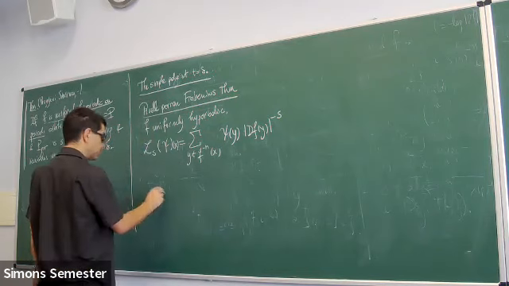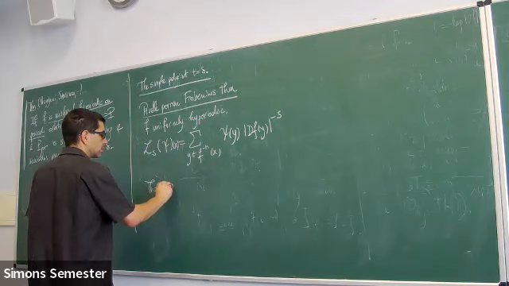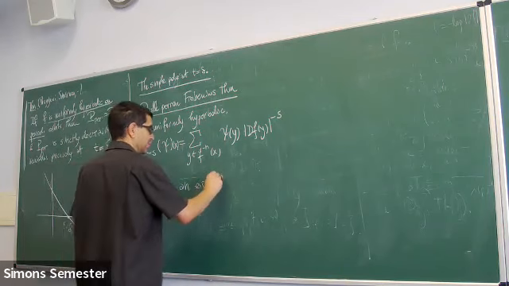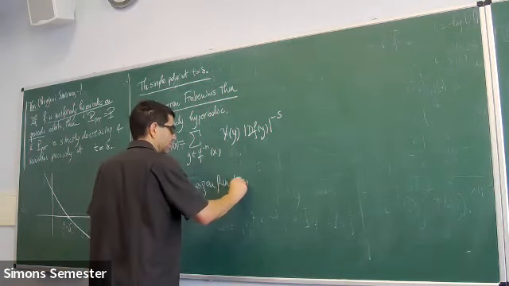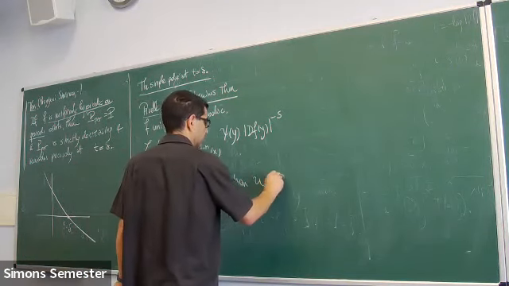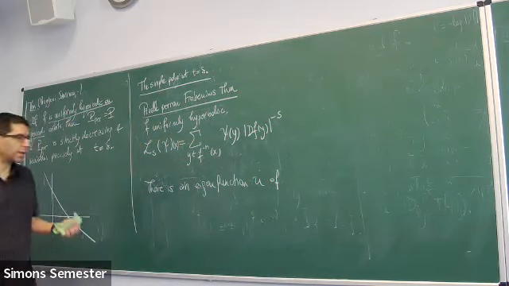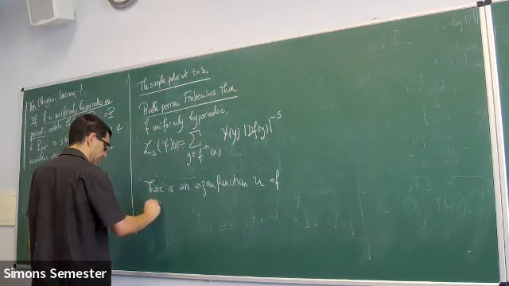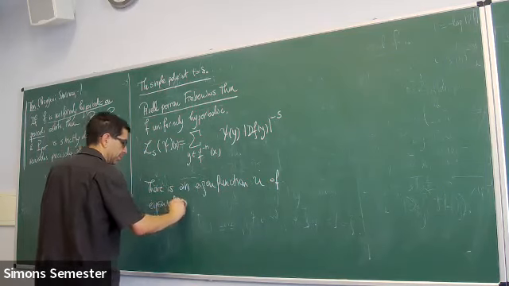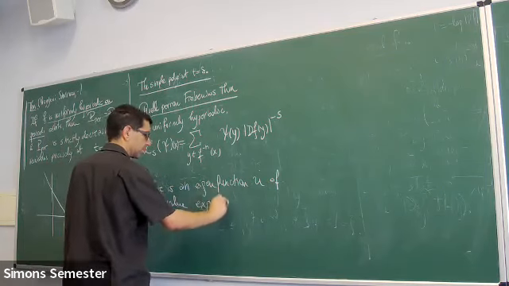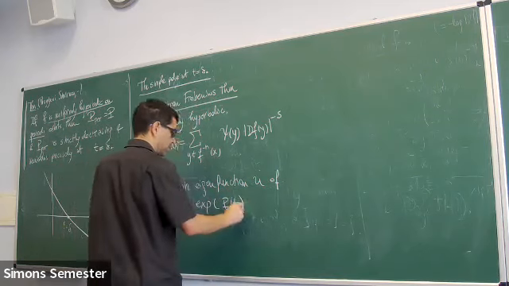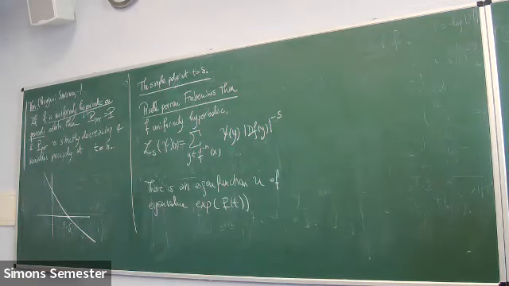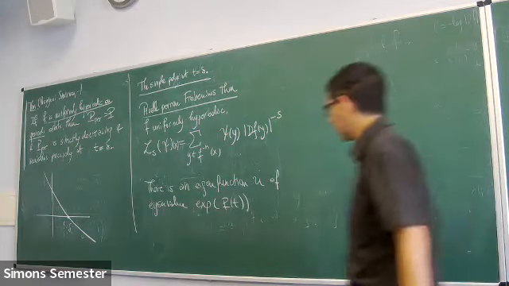Perhaps write it this way. First there is an eigenfunction of eigenvalue the exponential of the pressure, and we have this convergence towards the eigenvalue.